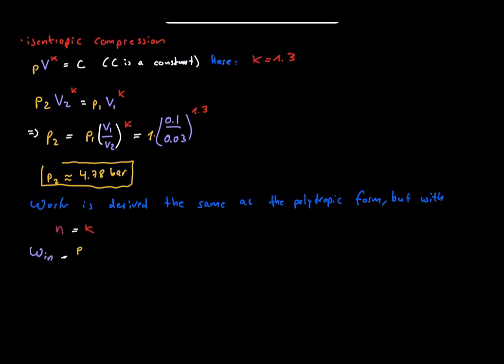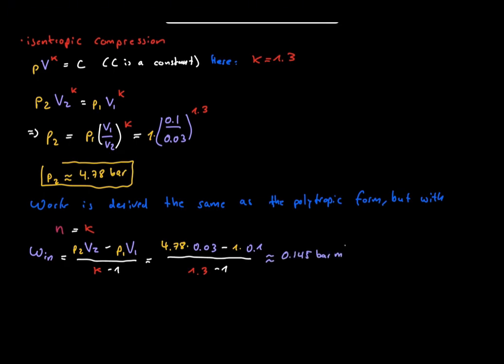So work input equals P2 V2 minus P1 V1 divided by kappa minus 1. Insert the values. 4.78 times 0.03 minus 1 times 0.1 divided by 1.3 minus 1. This gives about 0.145 bar cubic meters. Converted to kilojoules, this is about 14.5 kilojoules.